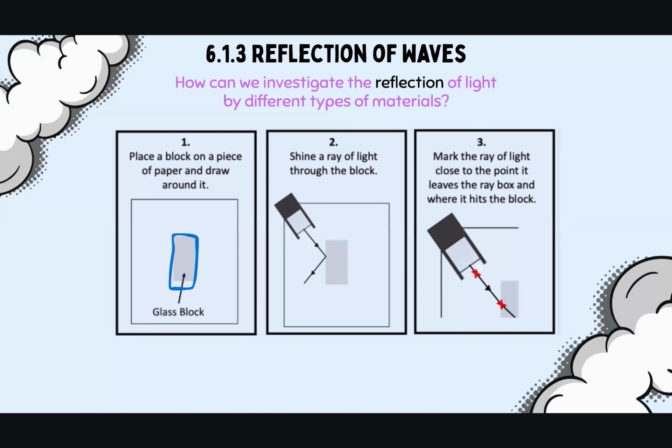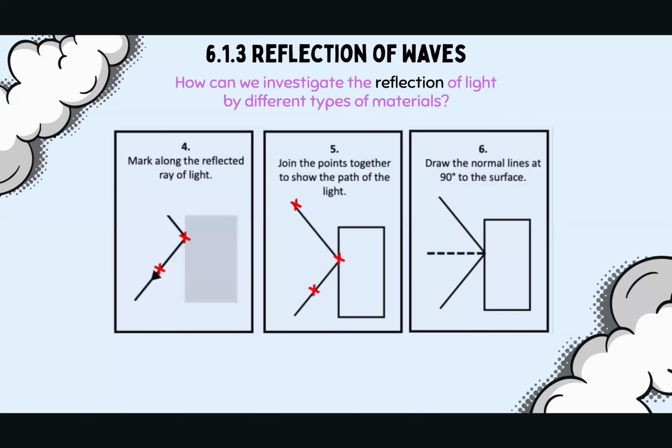So just where it leaves, you put your first cross, and where it hits the block, you put your second cross. And then same thing with the reflected part, you draw your cross. Now you can move your piece of glass out of the way, and with the ruler you can join the crosses.